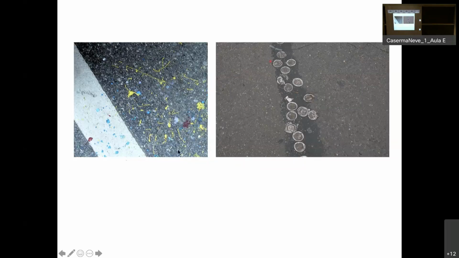Painting, for example, in this photo, a very close-up view of the surface of asphalt that is textured with its inner material, and at the same time it is enriched by the presence, maybe wanted or maybe unwanted, voluntary or involuntary, we don't know, of a certain pattern of color filaments.